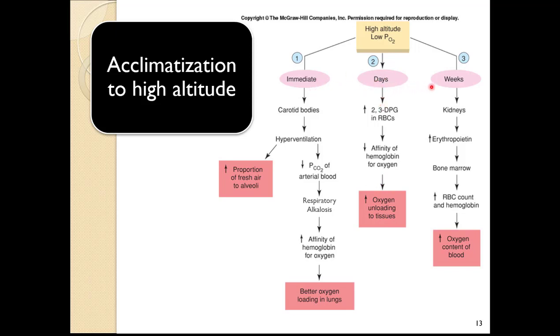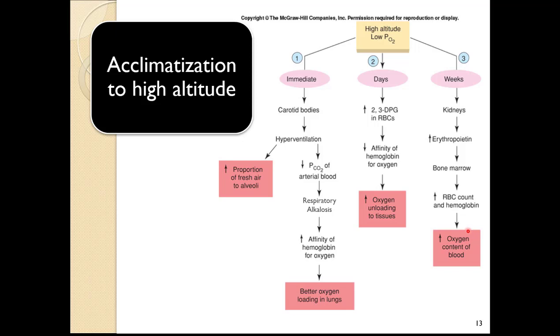Then over the course of several weeks, so let's say you stay for a month at the top of the mountain, what will happen then is that your kidneys by then will have been making a bunch of erythropoietin, and then this erythropoietin will have had time to affect the red bone marrow, and that will begin to make more red blood cells. So it takes a while for this third one to kick in, especially.